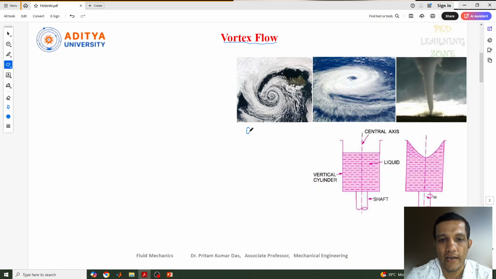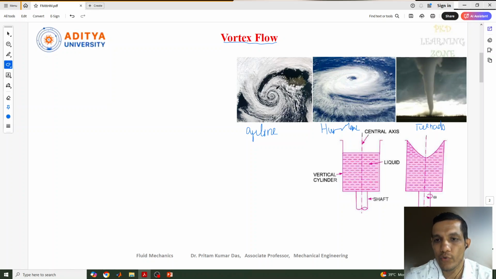This is an example of a cyclone, similarly this is an example of a hurricane, and this is an example of a tornado. So these are some examples of vortex flow.